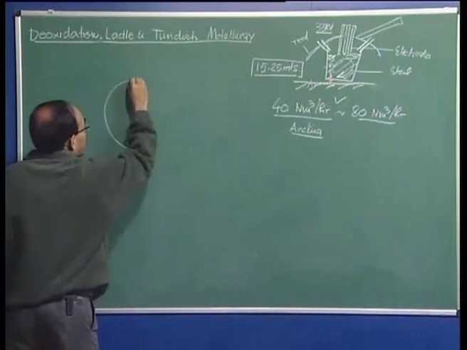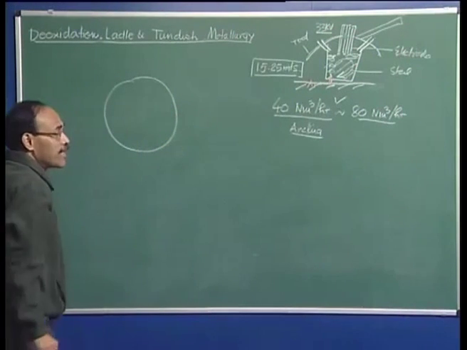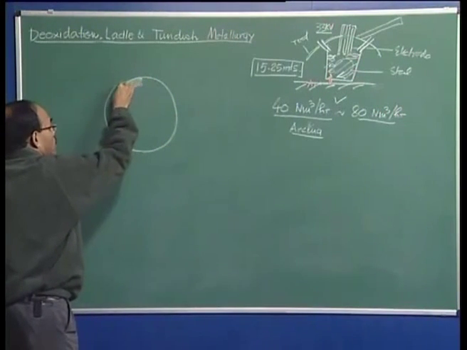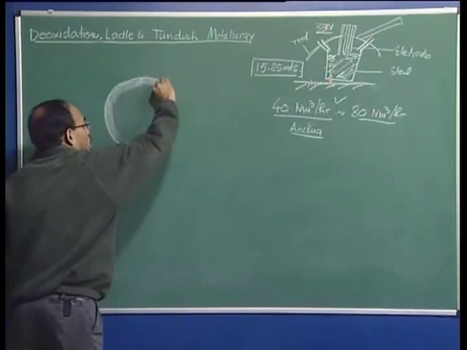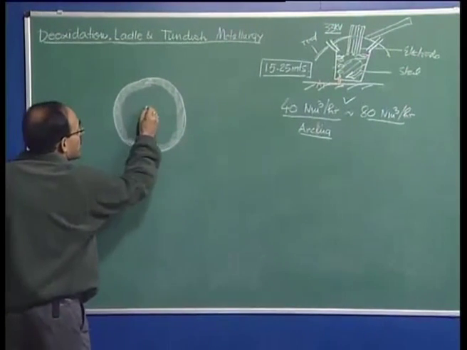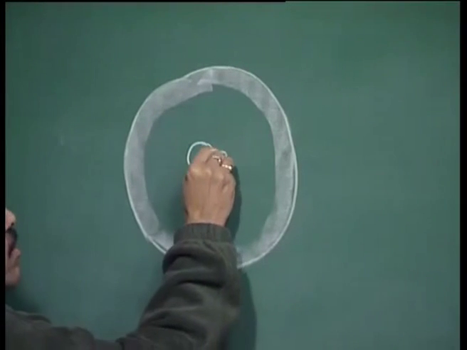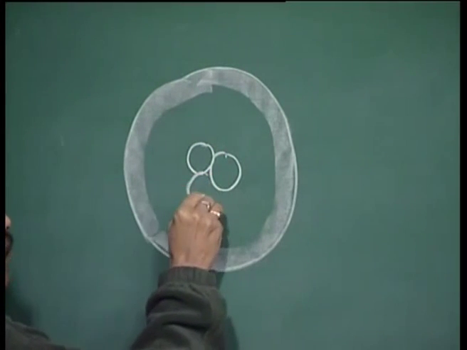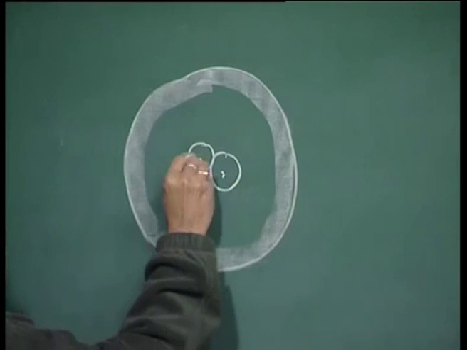Now, if you look from the top, it will look like this. This is the ladle, for example, the top view of the ladle. So, it is a refractory lined vessel, so I can draw a thick layer around it. That is the top view of the ladle, and you are going to see now 3 electrodes in this particular way. These are our 3 electrodes.